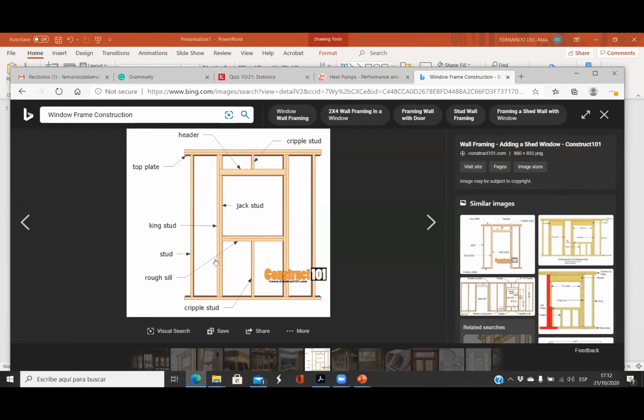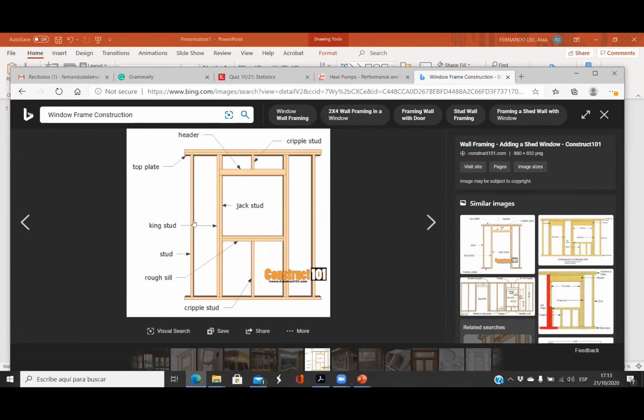Okay, I don't think if we have a horizontal element that goes from here to here, it's a sill that's related to the window. Mm, okay, but those are frames. And as you can see, we have studs and we have a space that is filled with thermal insulation.